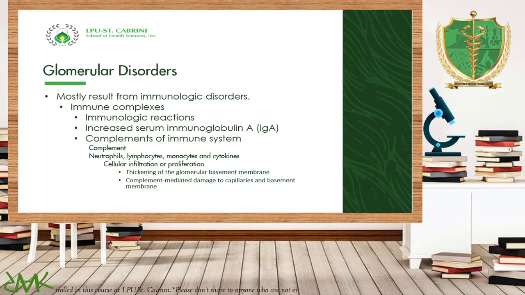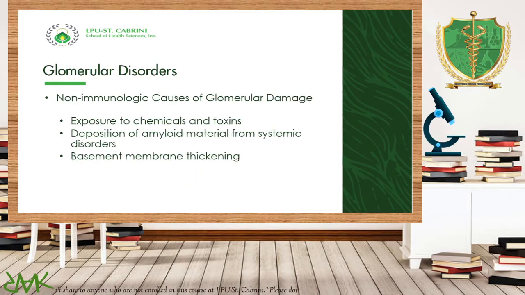Now, the question is, what is this complement all about? Take note that this complement is capable of producing damage or changes in the membrane of our glomerulus. However, there are non-immunological causes of glomerular diseases. In other words, the etiology of glomerular disorders can be classified as A, based on immunologic responses, and B, based on non-immunologic causes.